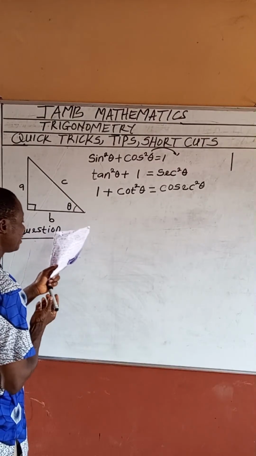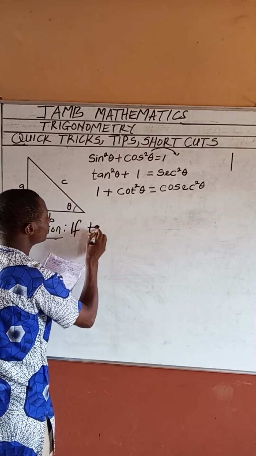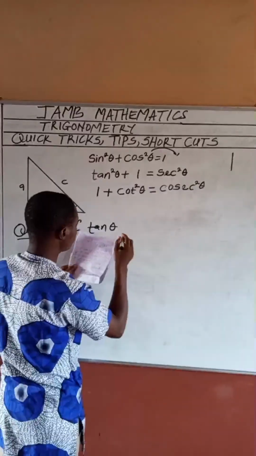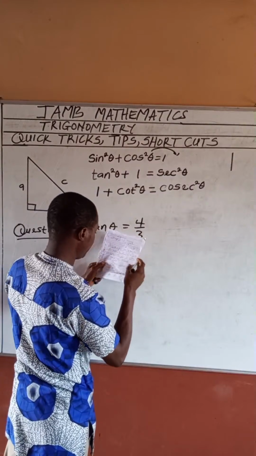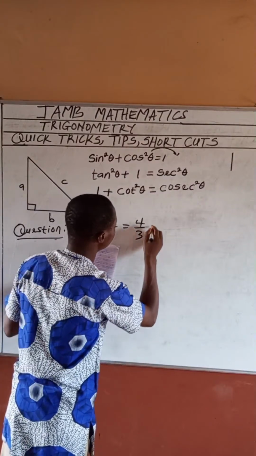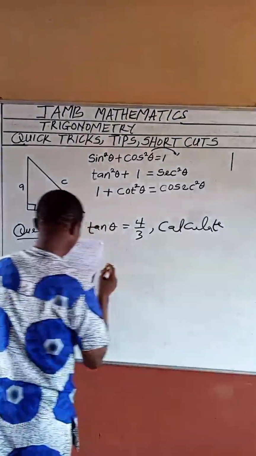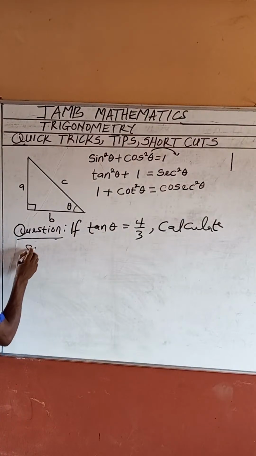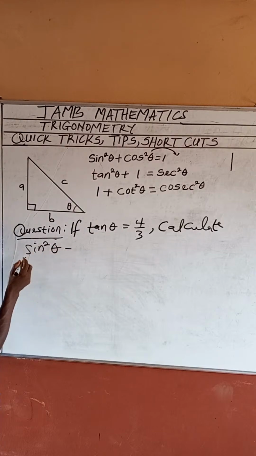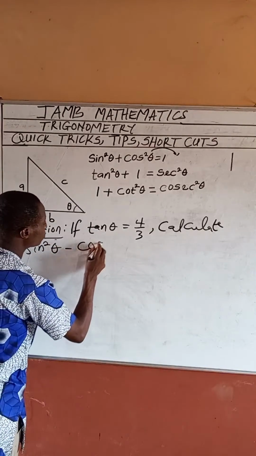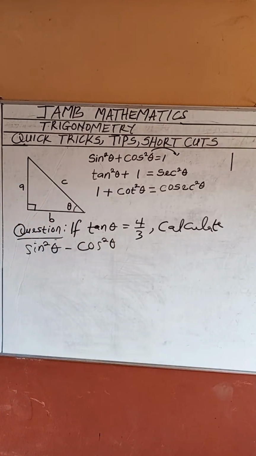If tan theta is equal to 4 over 3, calculate sine square theta minus cos square theta.